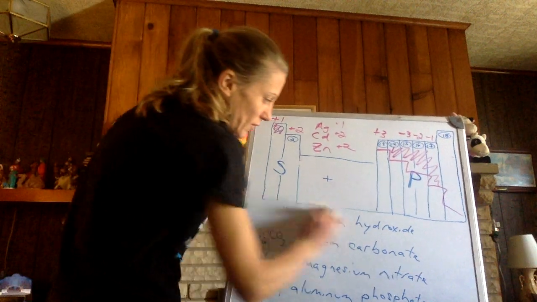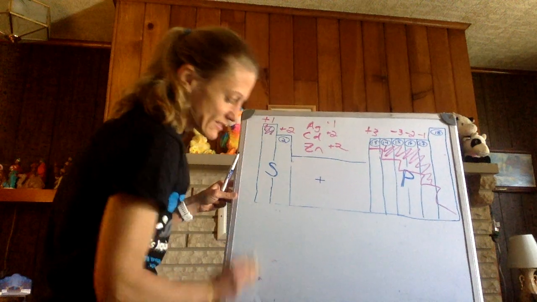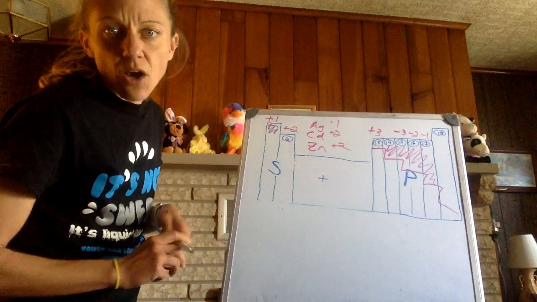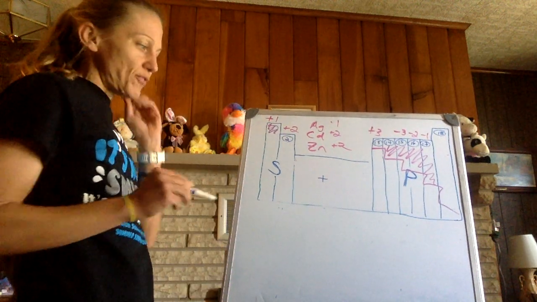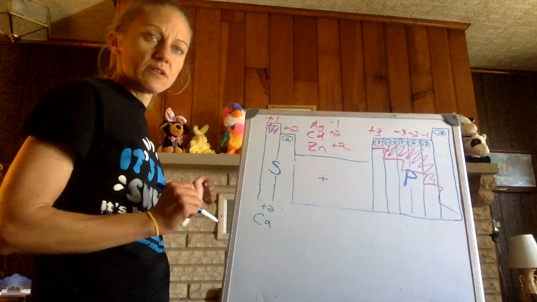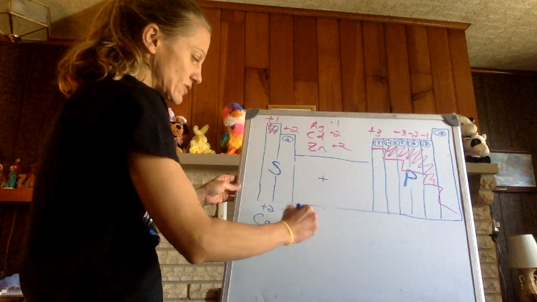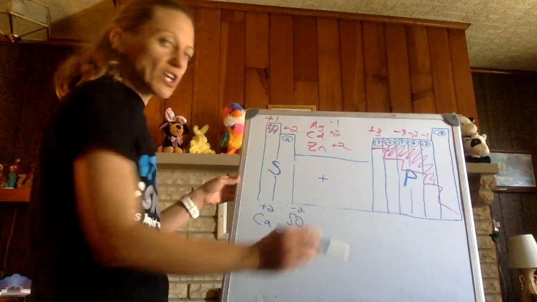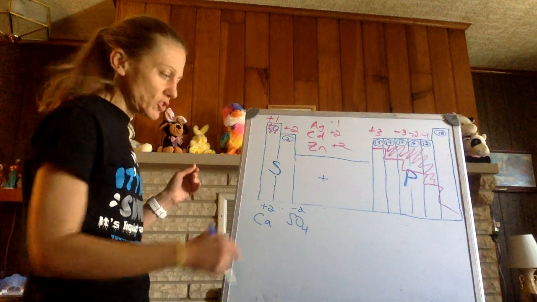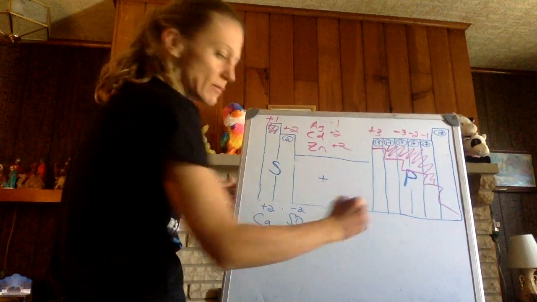Let's do some writings. We're going to do calcium sulfate. Calcium is +2. Sulfate, ATE ending. So I'm going to my ion sheet and I'm checking for it. Sulfate's -2. +2 and -2, I'm just writing them.